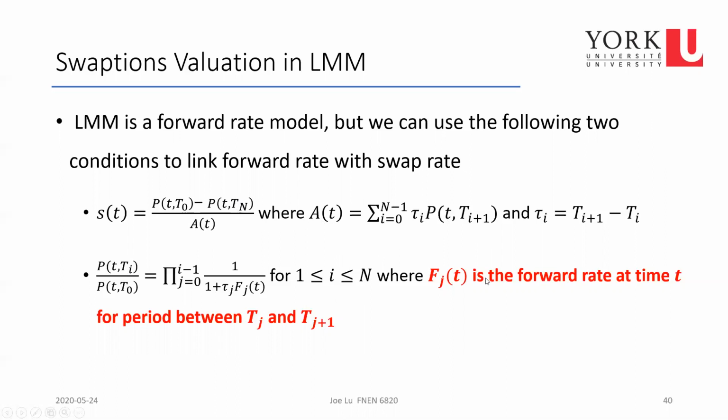Now, the relation between the zero coupon bond price and the forward rate is this, right? So the bond price from the next period Ti to current time t, divided by the starting point of the swap T naught to t, will give you this, which is equal to the product of this thing here.